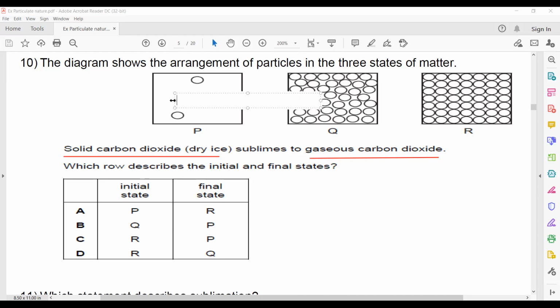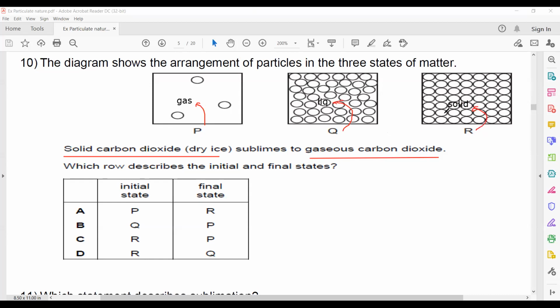So when you work out, this is gas, this one is liquid, and here we have solid. So solid carbon dioxide converts into gas. P, Q and R are representing the states. P is representing a gas, Q is representing a liquid, and R is representing a solid.